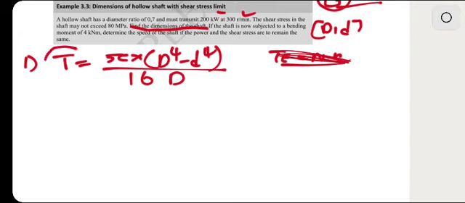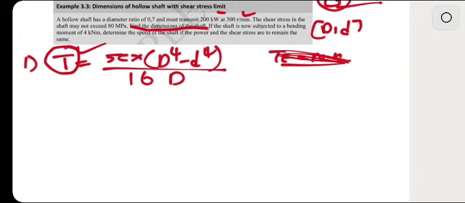Where can we get the torque for us to make the subject of the formula? We're limited with the torque. We don't know the torque there. Are we together? We don't know the torque. But we're given power, so we can find the torque.